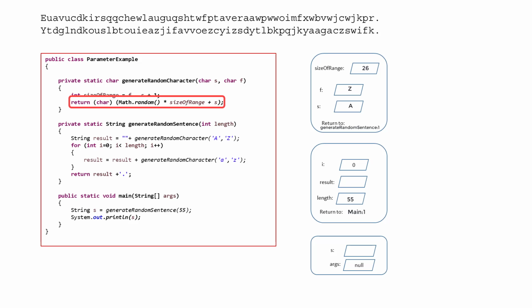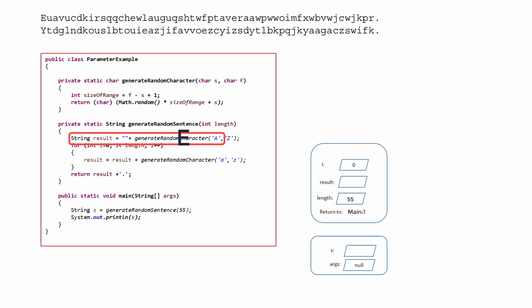So that's going to make it be a character between capital A and capital Z. So for the moment, let's just say that it returned a capital E. The return statement here is going to remember that E. It's going to look into its stack frame to see where we have to jump back to, and then it's going to delete the stack frame and put that E where the call on the method is being used.